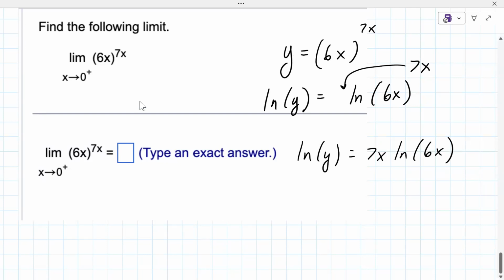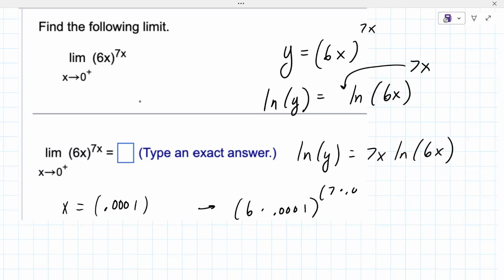Let me have you try this again. Try putting in 0.0001 for x. So it'd be 6 times 0.0001 to the power of 7 times 0.0001.